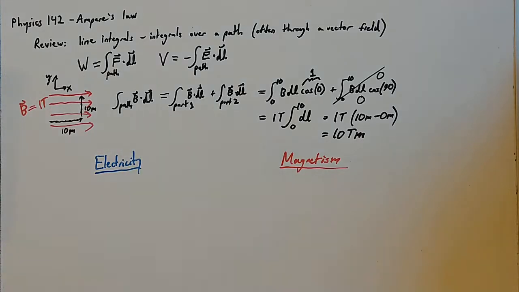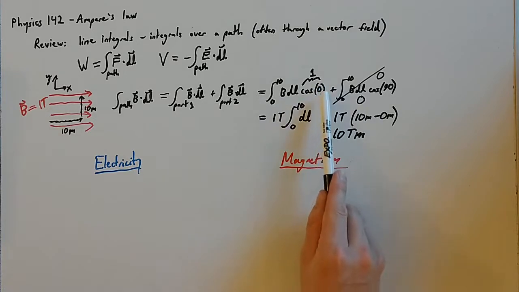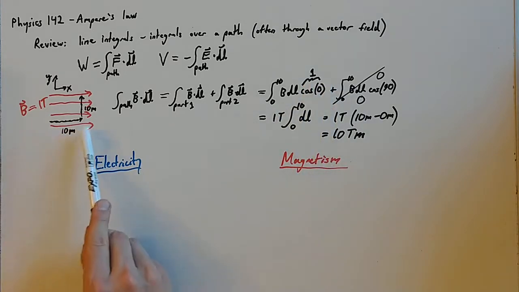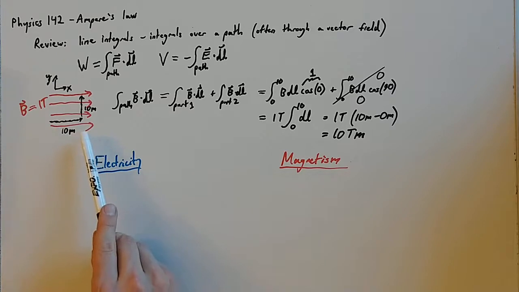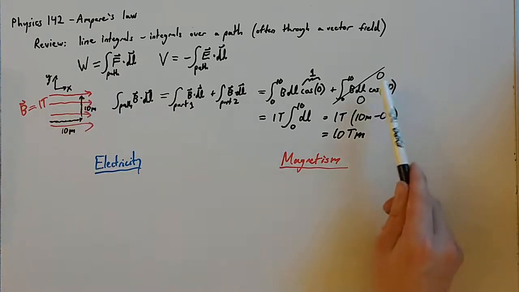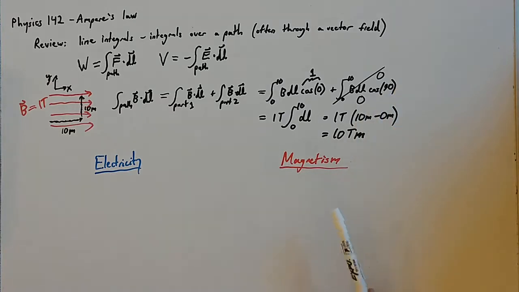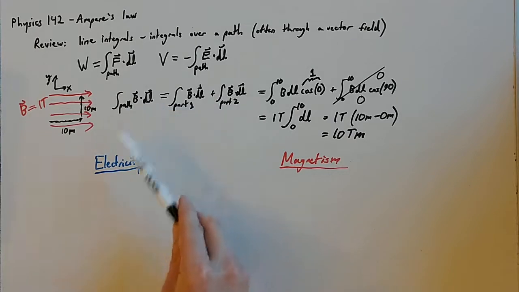Remember, if you have two vectors that are going the same way, so if my path is along the magnetic field, then that's going to contribute, that's going to be plus 1. We get a cosine of 0, which is 1, so all of it counts. Whereas if you go perpendicular to the line, you get 0 contribution. So that's what we were doing last time, we introduced this path integral.